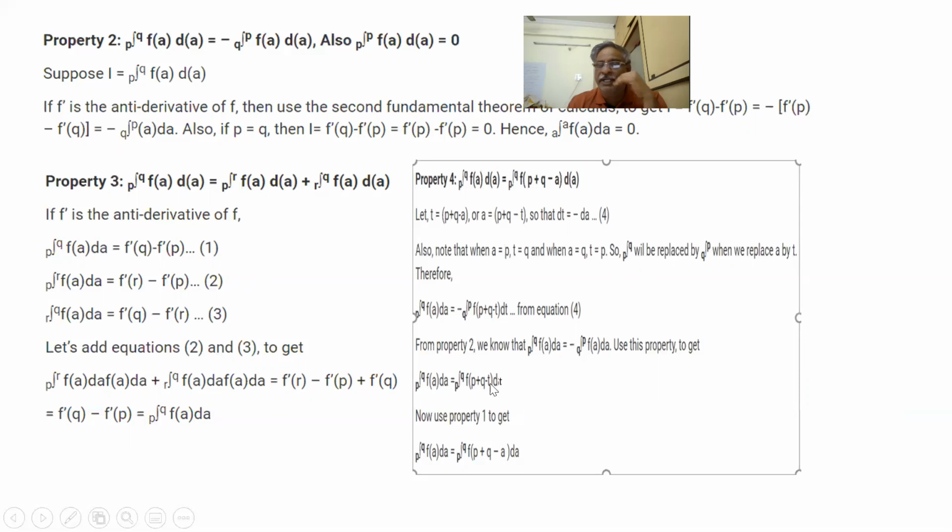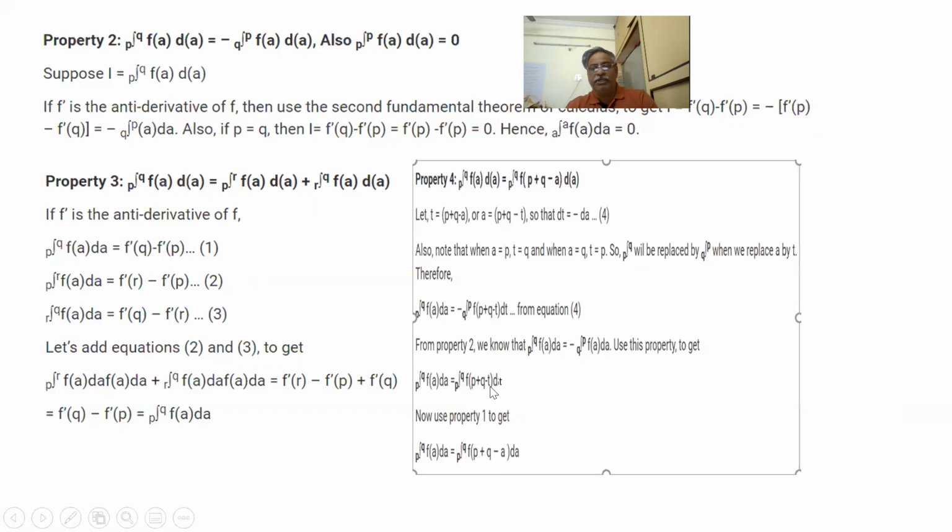In place of t dt, I can use any variable because the limits are the same, rest is same. The first formula is f(a) dA or f(b) dB, all are same. So in place of t, I can use a dA. So I get integral from p to q of f(a) dA is integral from p to q of f(p plus q minus a) dA, because f of t dt can be written as f of a dA.